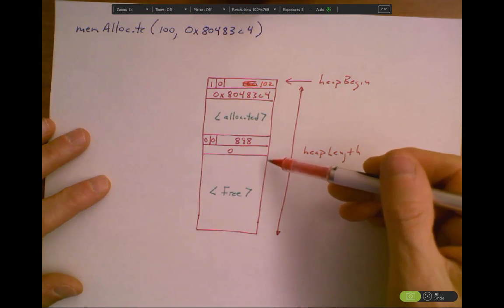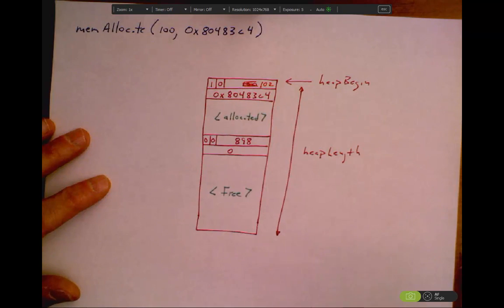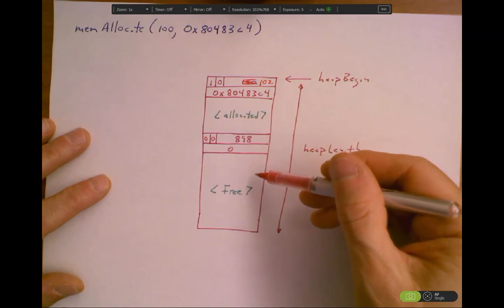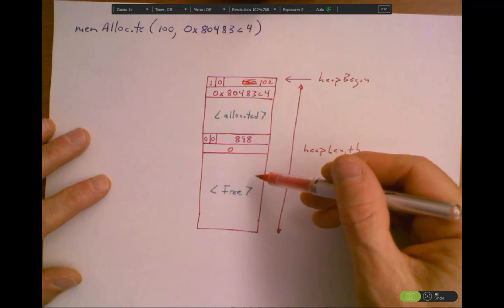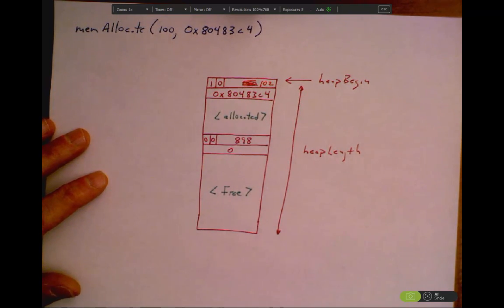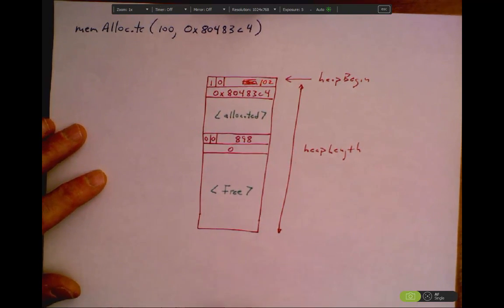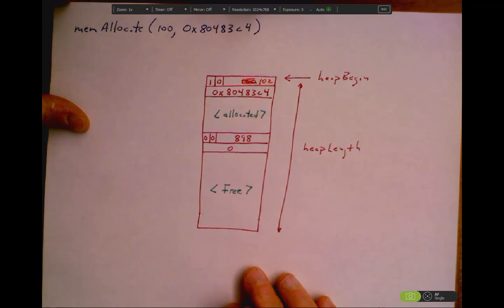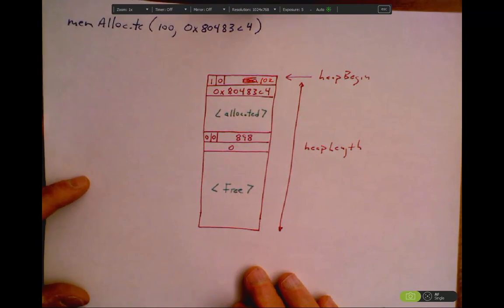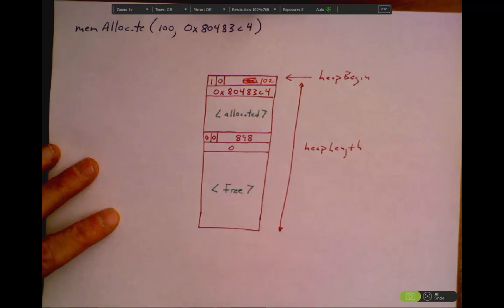You might want to look for the smallest free block that can service the request in order to maintain as many big blocks as possible, to satisfy more bigger requests. I'm not going to get into that too much though, because I'm headed towards describing garbage collection. What I'm doing right now is just showing you your basic allocator.